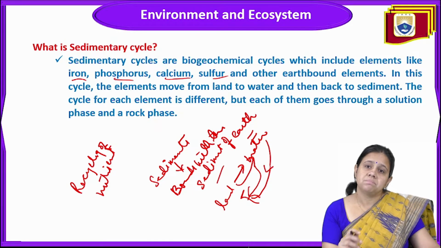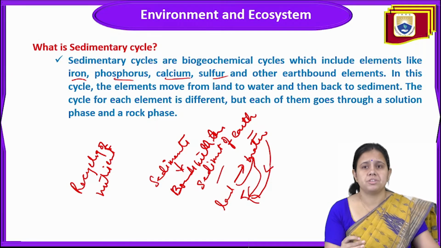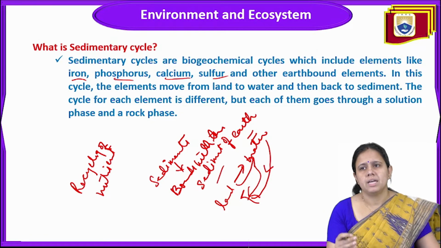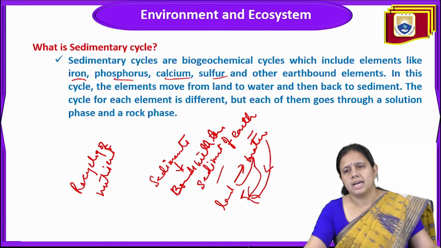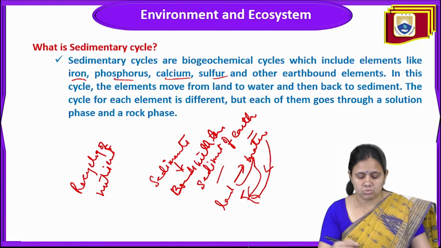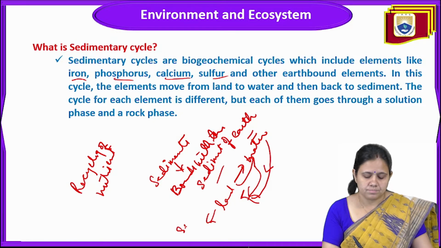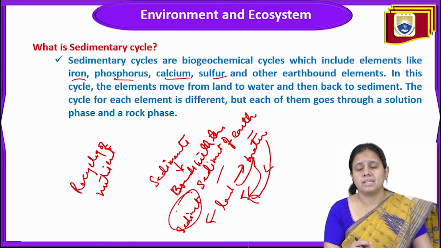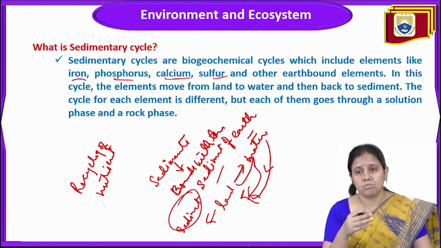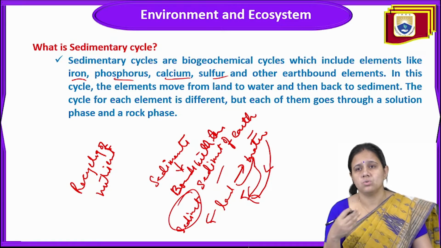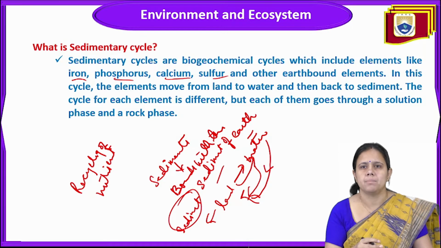So this is about the recycling of nutrients from one form to another form. The element moves from land to water, then comes back to the sediments and is bound into the sediments, then it is released into the environment through the land, goes again to the water, and then comes back again.